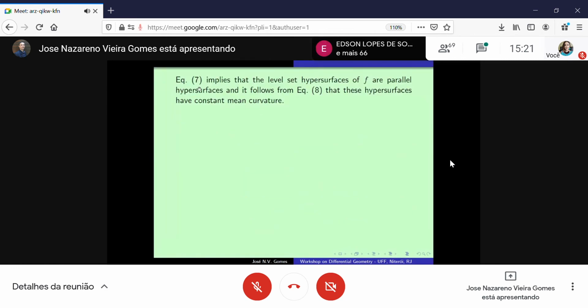Of course, equation 7 implies that the level sets of f are parallel hypersurfaces. And it follows from equation 8 that these hypersurfaces have constant mean curvature.